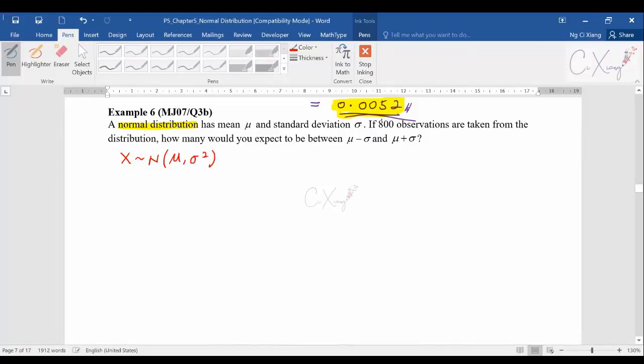Here, if 800 observations are taken from the distribution, how many would you expect to be between this? That means they want to know how many of your x are between mu minus sigma and mu plus sigma. So first I want to know the probability of x between these two numbers.